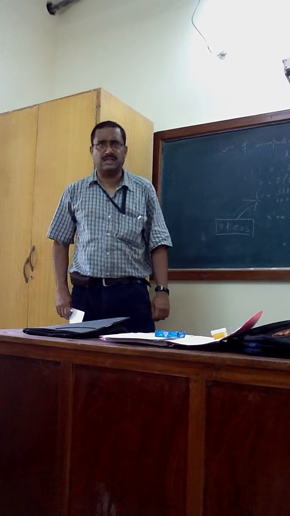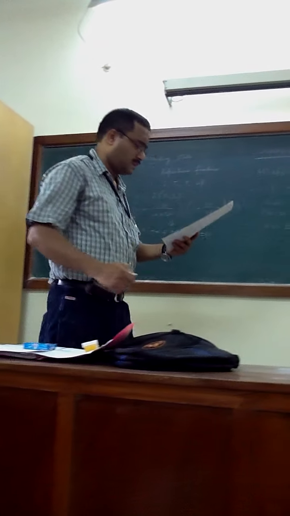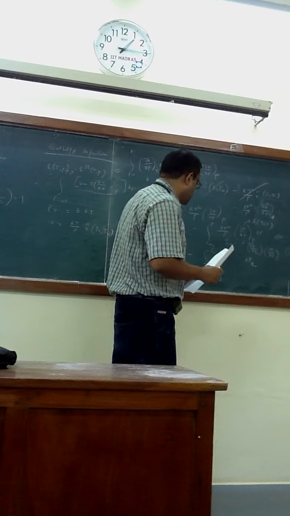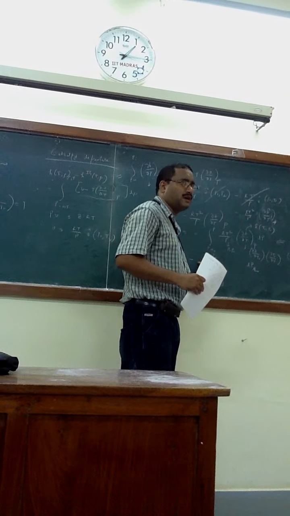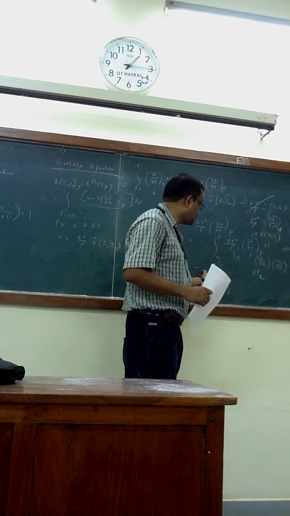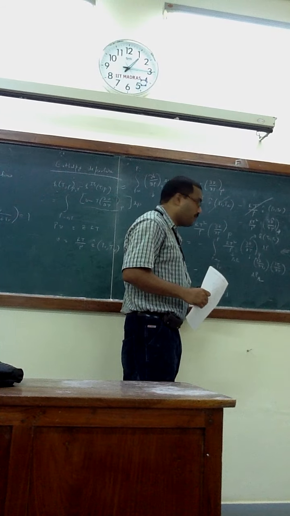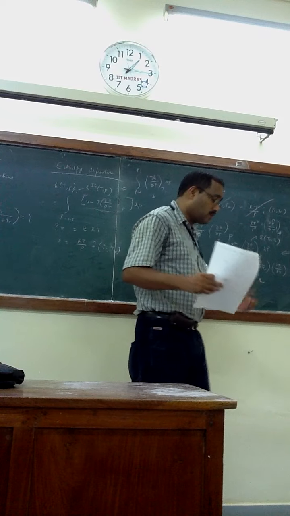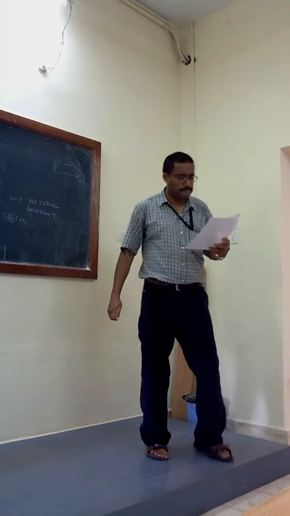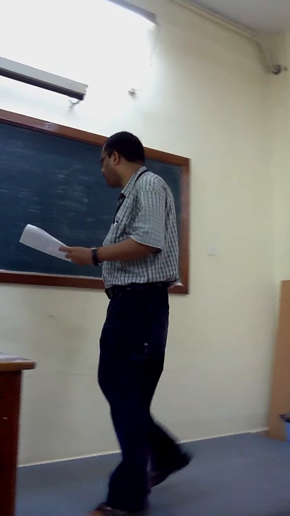Yes, sir. R TR square Tc. TR square should be outside the integral. Don't say we can, it's dangerous. Yes, sir, it's outside the integral. Outside the integral. Okay. Then, sir, the integral is 1 by PR square.